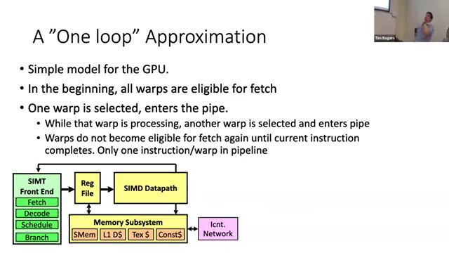There's really just one scheduler, and it is very constrained in what it can pick from, because if it knows that there's an instruction in flight from a particular warp, it cannot issue another instruction from that warp, else it might violate dependencies. This is basically saying exactly what I just said.